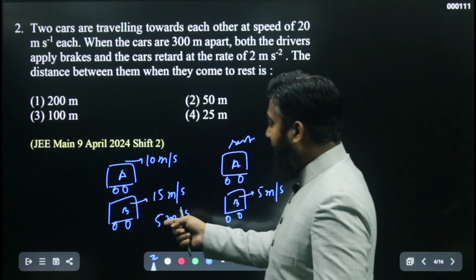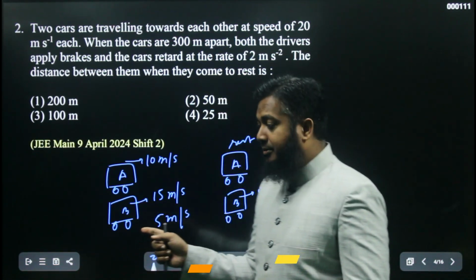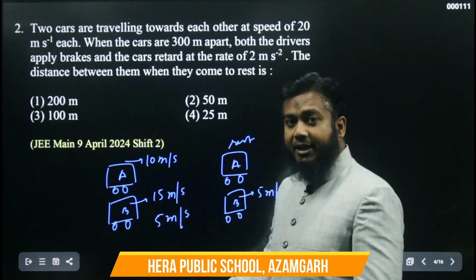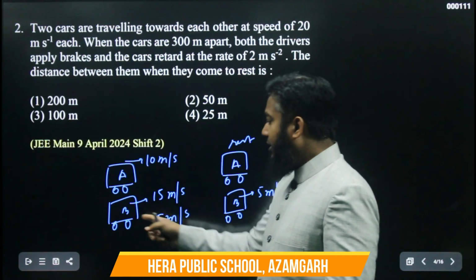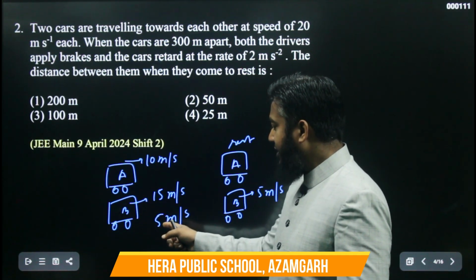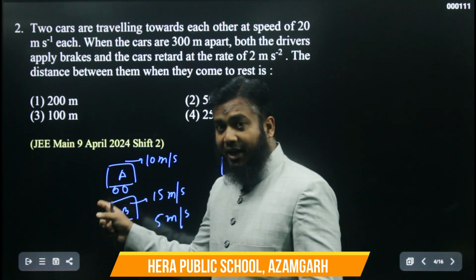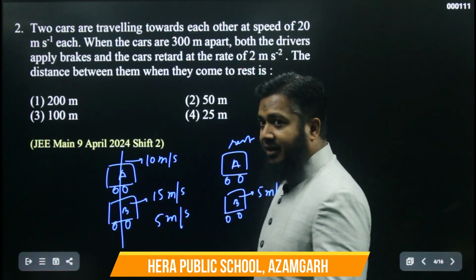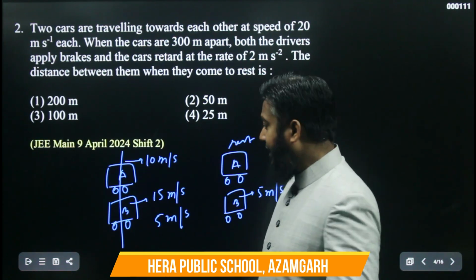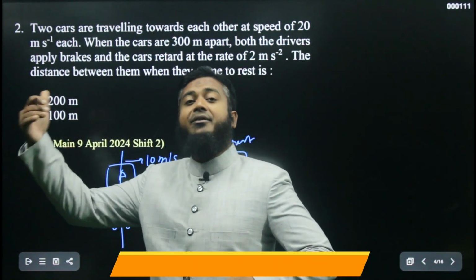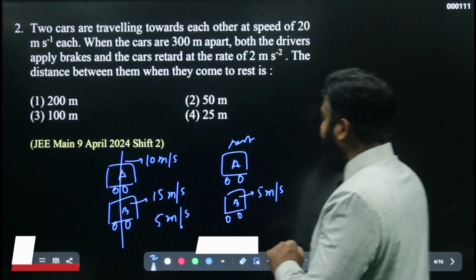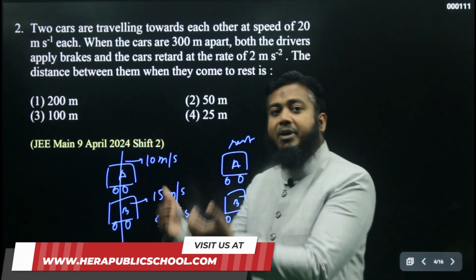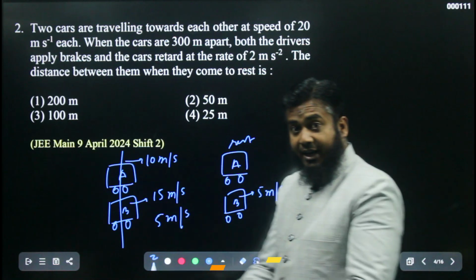Say in 10 seconds, how far ahead would B be from A? In 10 seconds, B would travel a distance of 50 meter with respect to A. So if they are now side by side, then after 10 seconds, car B would be ahead by 50 meter from A. In the other case also, B would be ahead by 50 meter with respect to A.